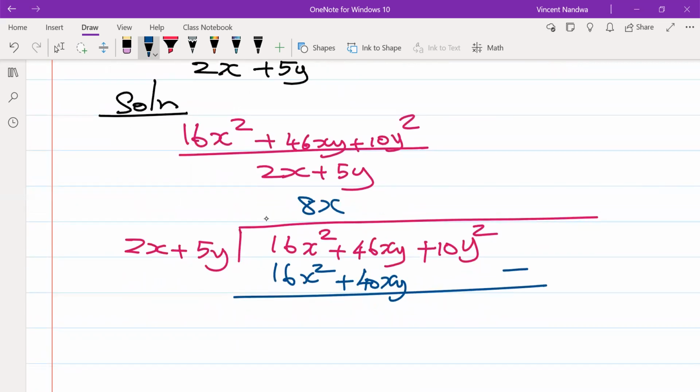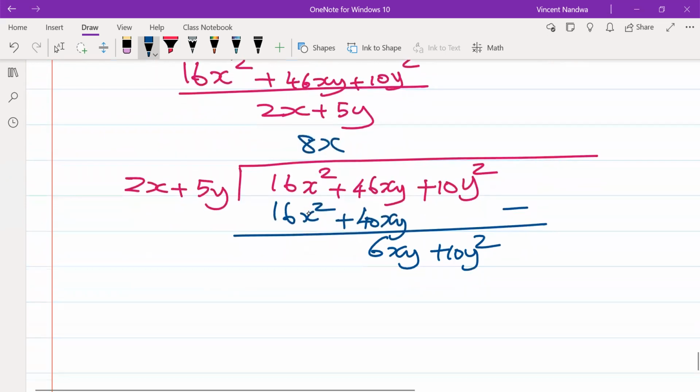16x squared minus 16x squared is 0. And 46xy minus 40xy is 6xy. Then you bring down this 10y squared. So what will be the next question to ask? What should we multiply by? 3y.